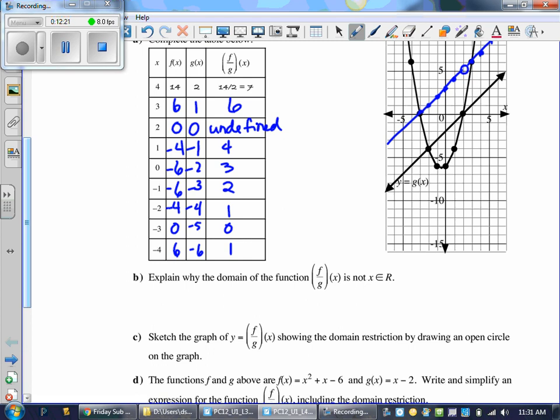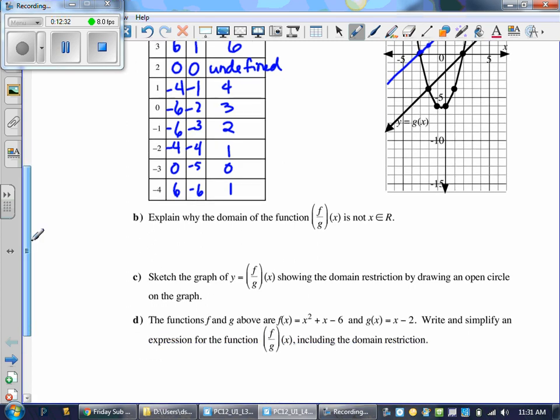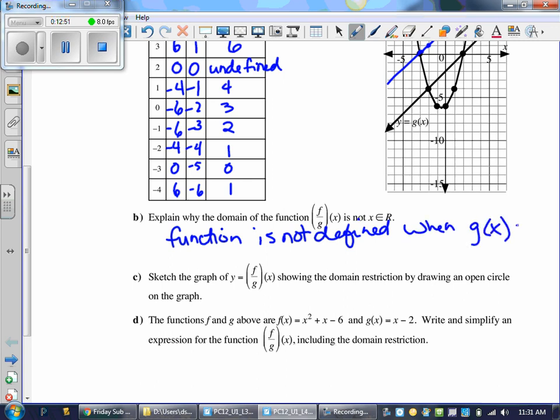Okay, so we're going to say that here. Explain why the domain of f over g of x is not x is an element of real numbers. And that's because we have a hole when x is 2. So we're going to say the function is not defined when g of x is equal to 0, because it's on the bottom of the function.